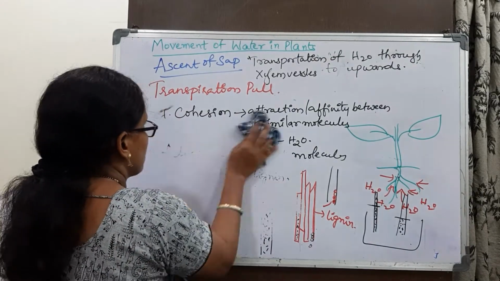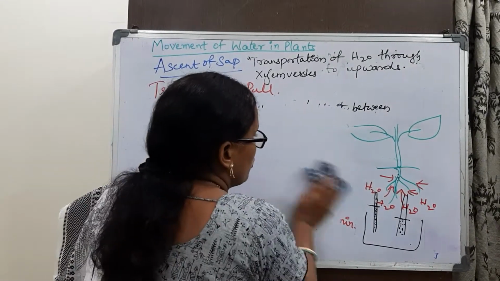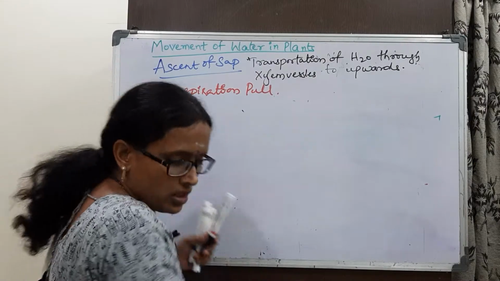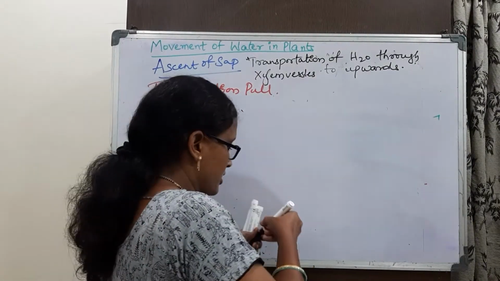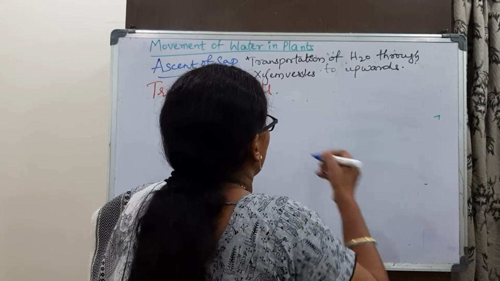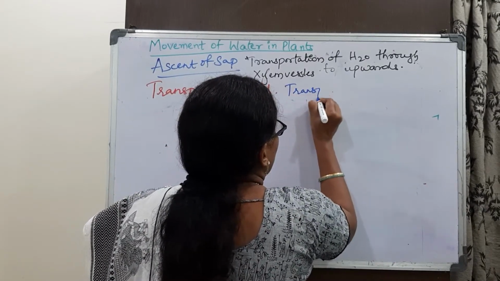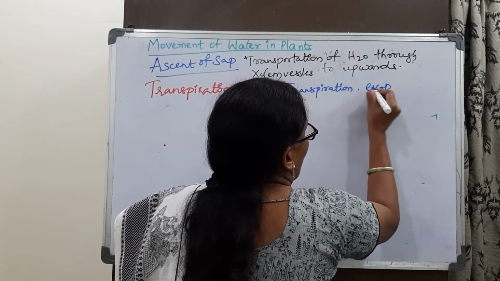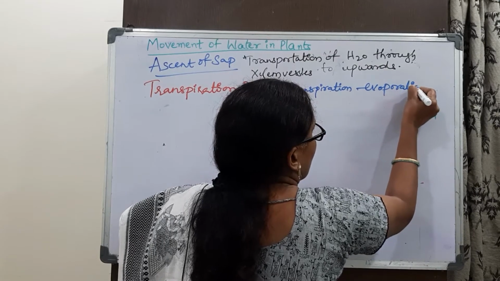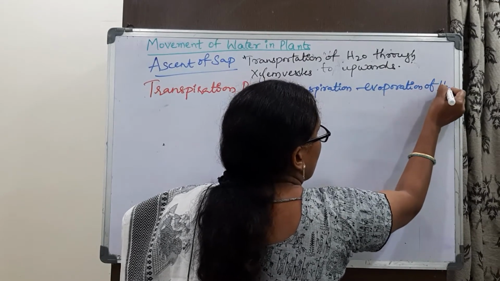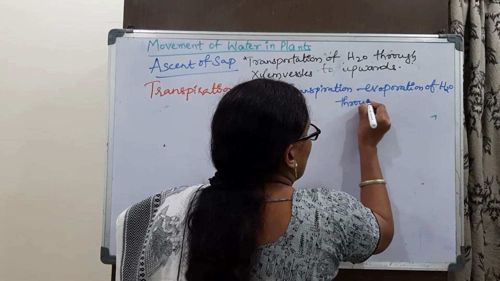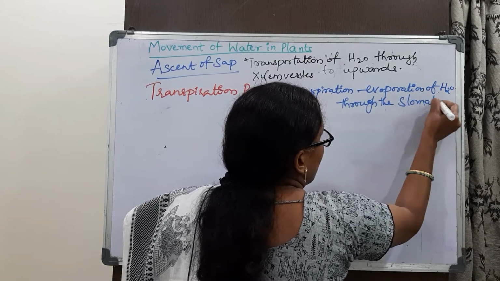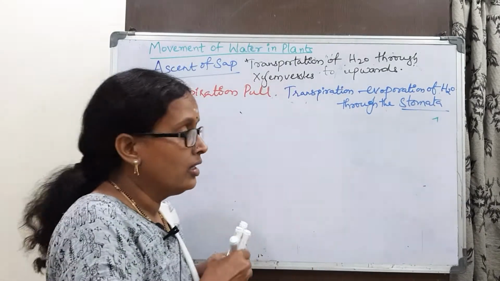What is that? We will see. What is transpiration? Transpiration is evaporation of water through the stomata. These stomata are present in the leaves.